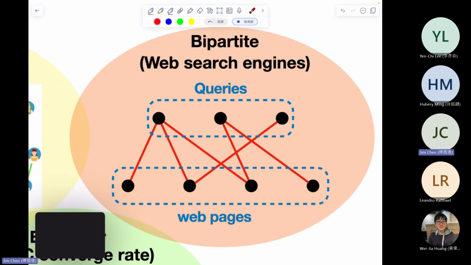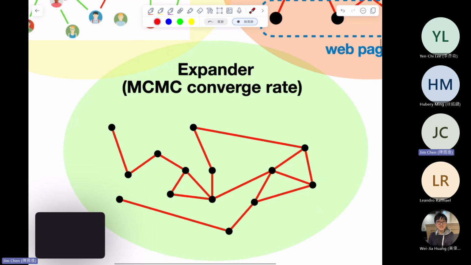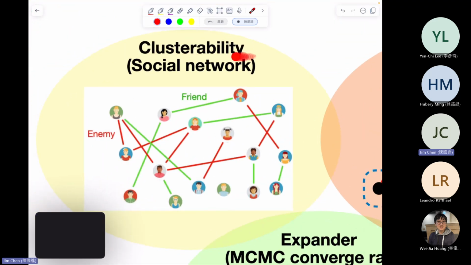And there are multiple graph properties, such as expander. This property can be used to estimate the convergence rate of Markov chain Monte Carlo algorithms. And for example, the main topic of this talk, the clusterability, can be used to analyze some social network.